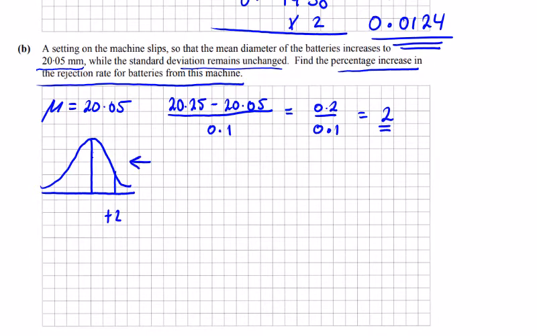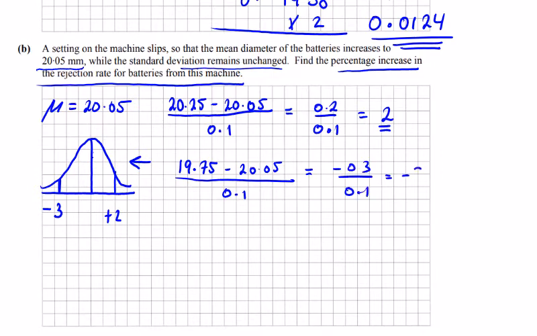So we were at minus 2.5, we're going to end up at minus 3 here. And you can see it's because we're testing 19.75 against 20.05 and dividing by 0.1, and we're going to get minus 0.3 over 0.1, which is minus 3.